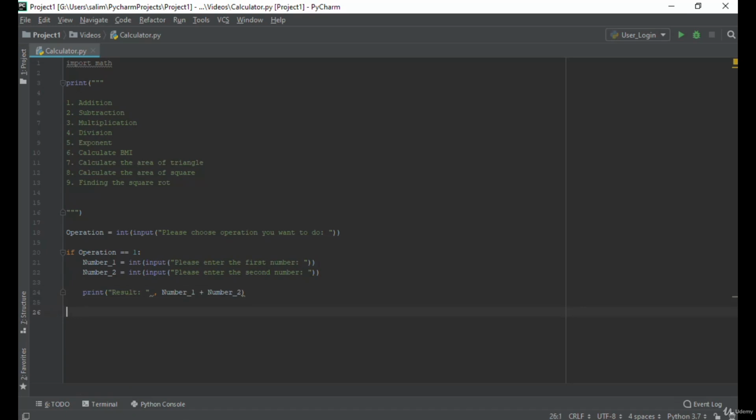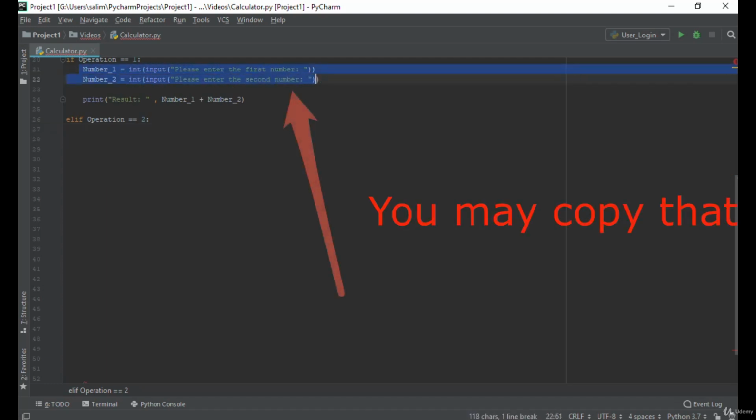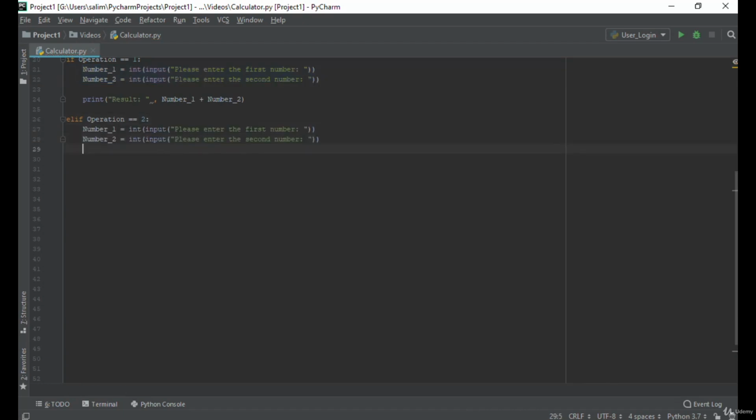The second one is subtraction. Again, we'll create two different variables named number1 and number2. Print number1 minus number2.